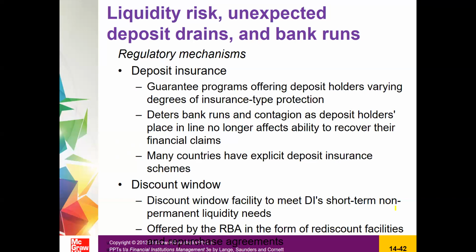Two major liquidity risk insulation devices in most countries are deposit insurance or guarantee and some form of discount window. Because of the serious social welfare effects of a contagious run on depository institutions, government depository institution regulators in most countries have established guarantee programs offering deposit holders varying degrees of insurance type protection.